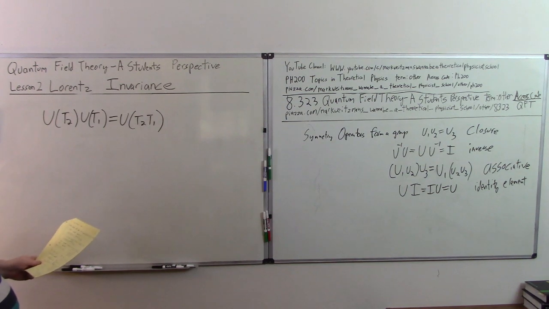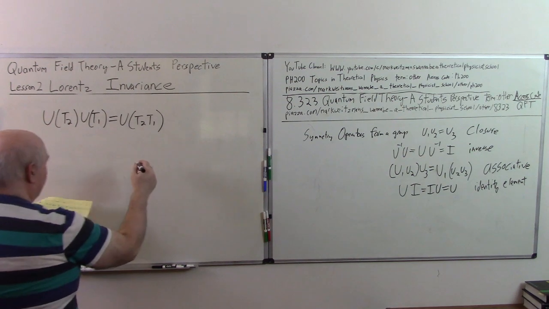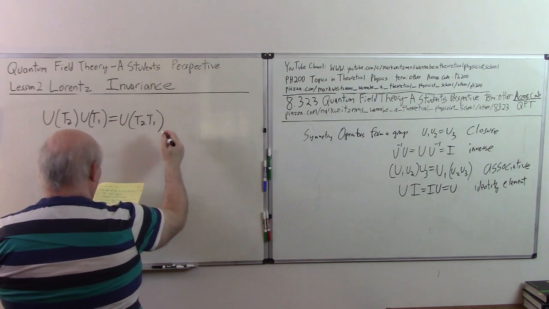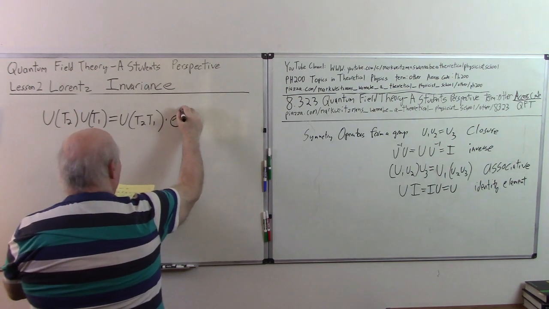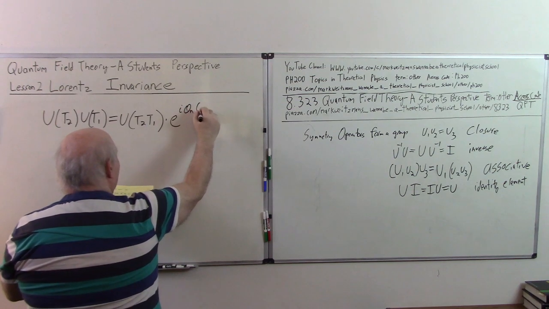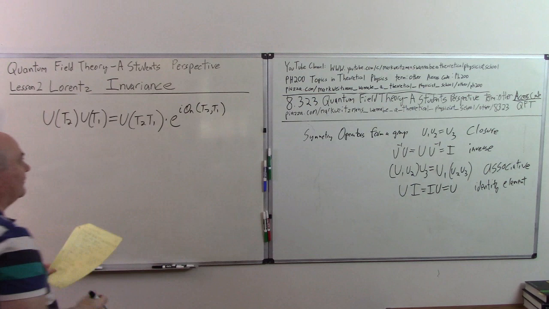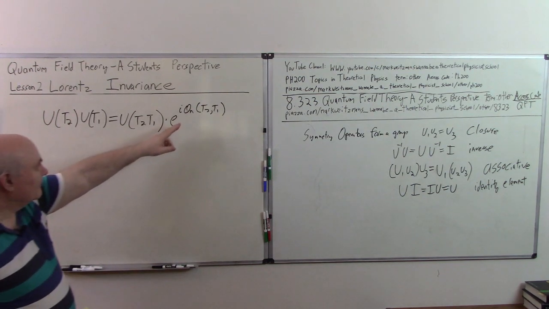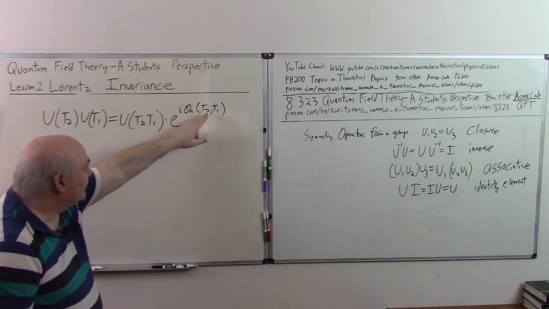So most books start with this equation, but it's assuming something, and then Weinberg shows that really what you should start with is this times a phase, e to the i phi n of T2 comma T1. This is as general as you can. The n will depend upon what state psi we're in, and then these are the transformations.